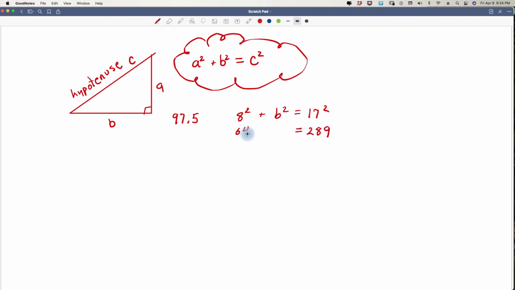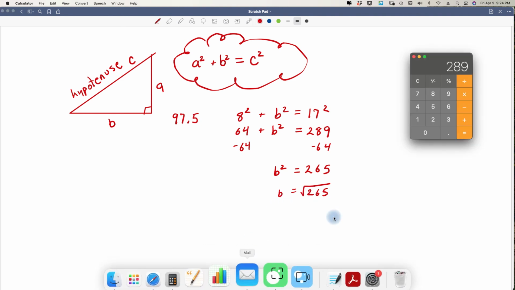This is 64 plus b squared. Subtract 64 from both sides. b squared equals 265. Okay, so b should equal the square root of 265, and I think it's 15.